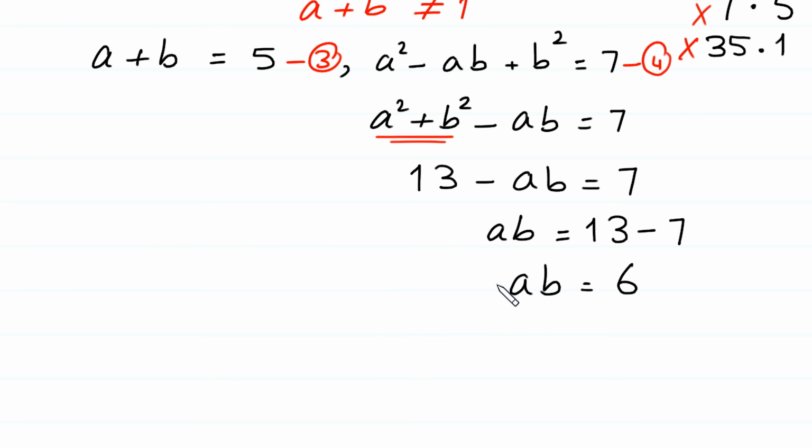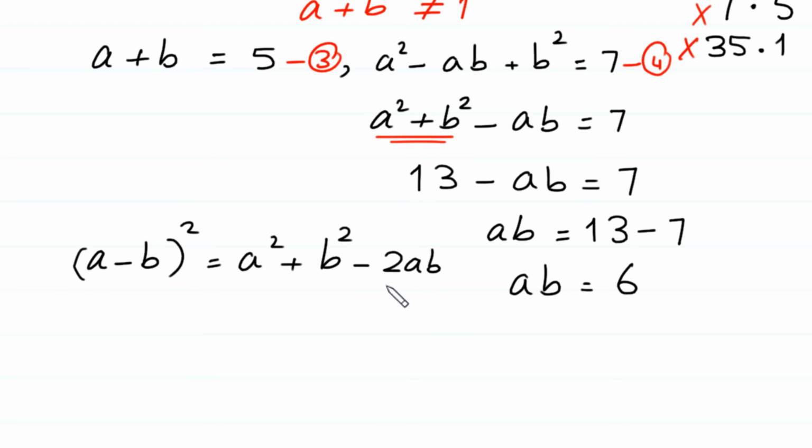to find the value of a minus b we use an algebraic identity, that is a minus b whole square is equal to a square plus b square minus 2ab.